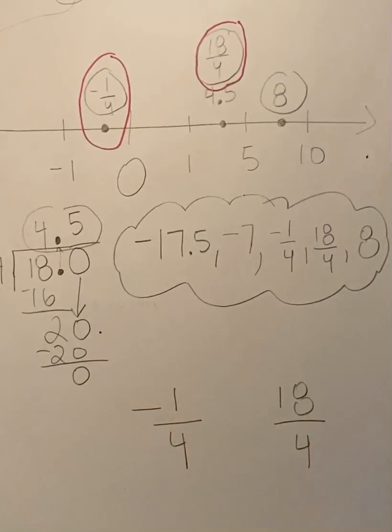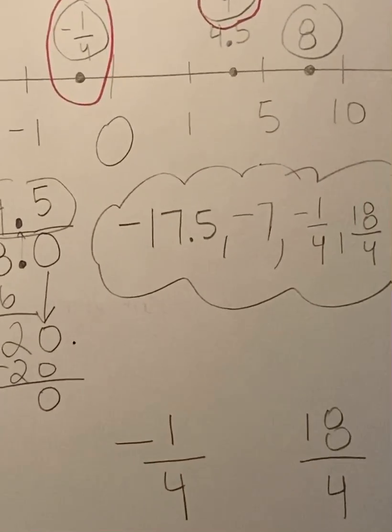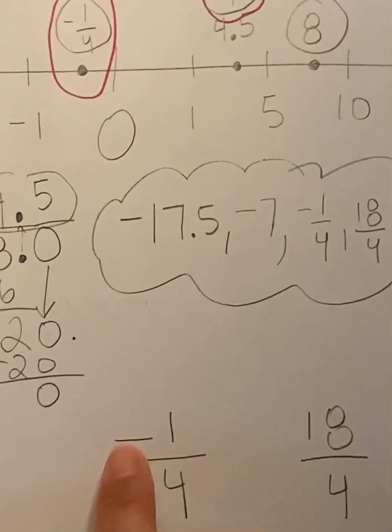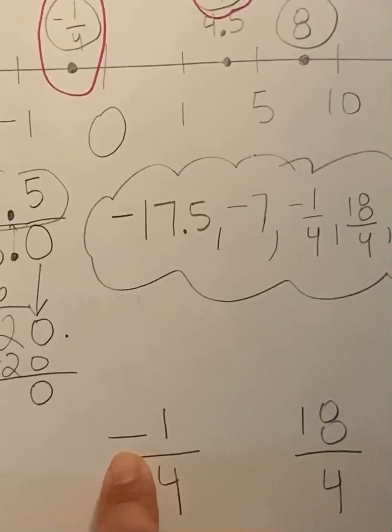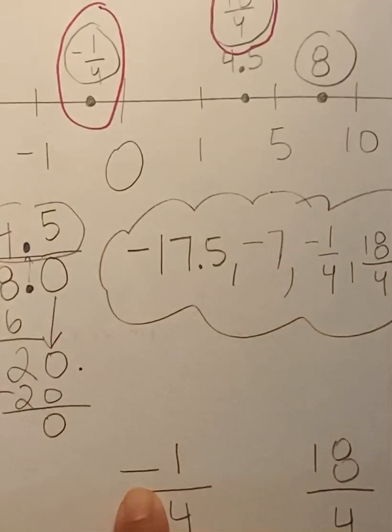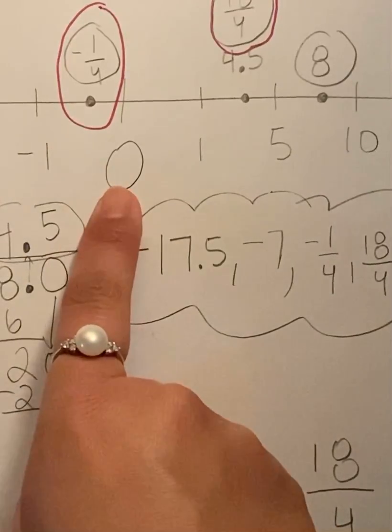However, don't let your brain get too scared, because you can use what you know about negative numbers. Anytime a fraction, a decimal, a whole number is negative, that means it is to the left of 0. It is less than 0.